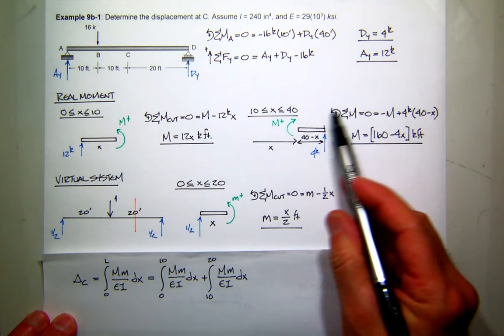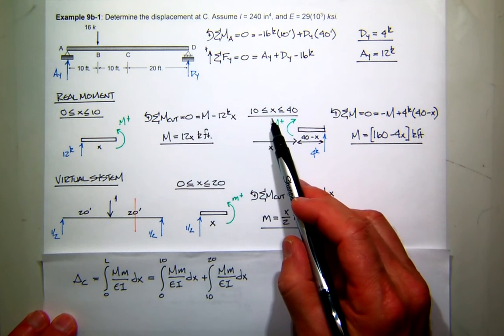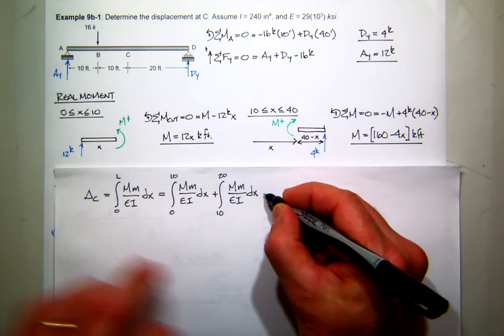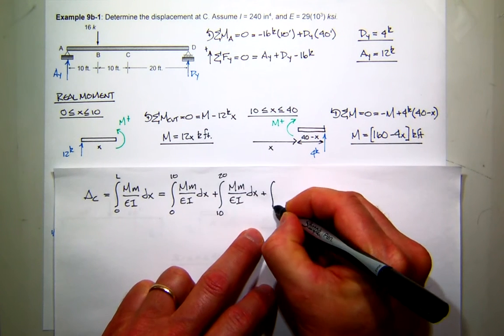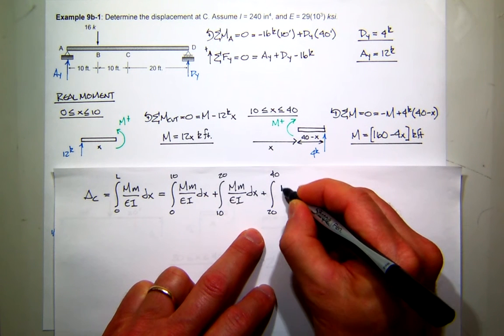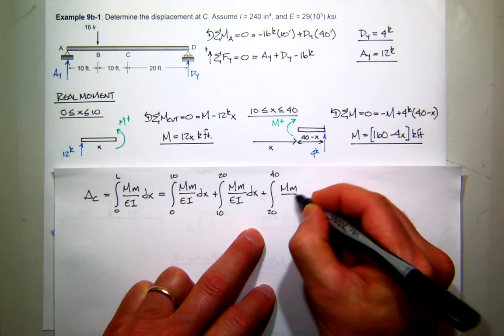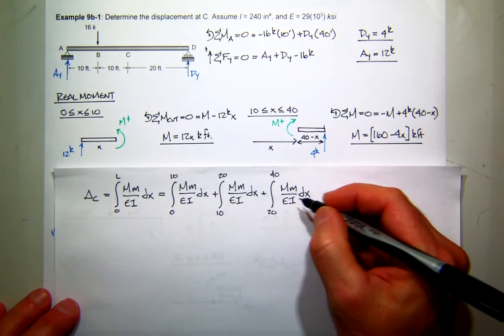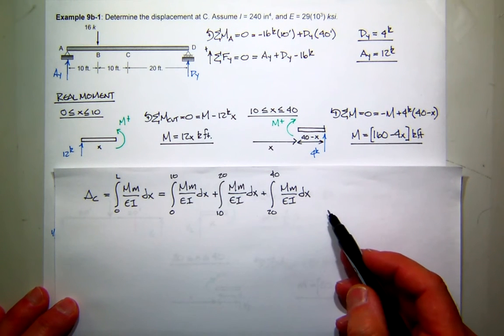Now I've got another real equation that's good all the way from 20 to 40, and that matches this one that's also from 20 to 40. So the final piece would be this. So you can see why on the exam at this point it could be a rather tedious process to run this all the way out.